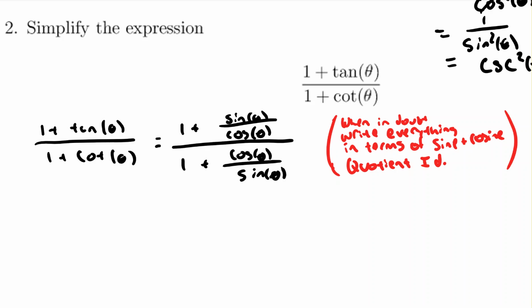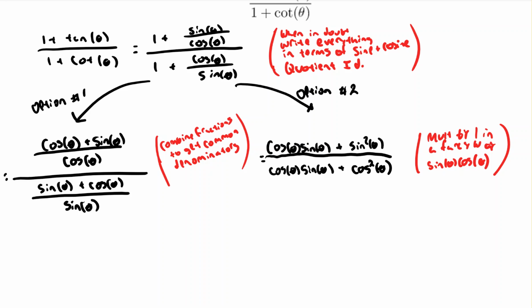Your other idea could be, I want to get rid of fractions in fractions right off the bat here and try multiplying the numerator and denominator by something that'll clear both of the fractions in them. So let's take a look. There's nothing wrong with exploring different directions to see what happens. So here are our two different approaches.